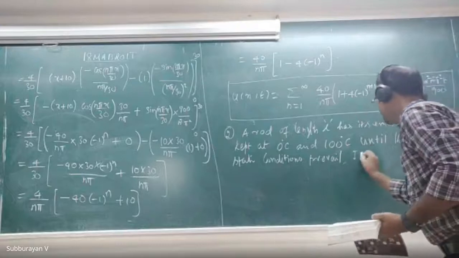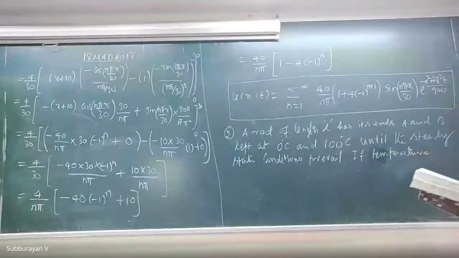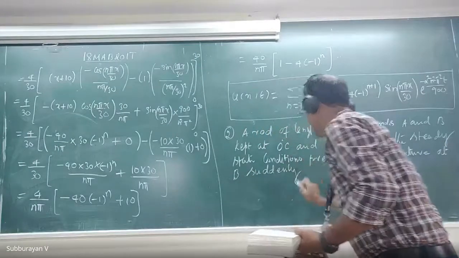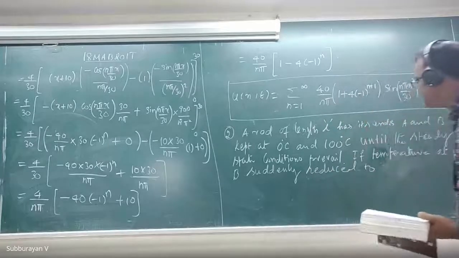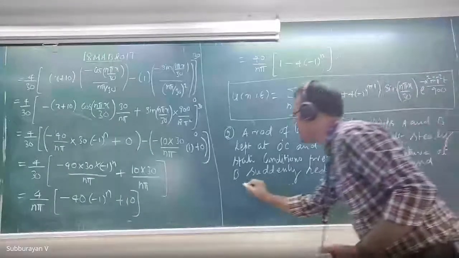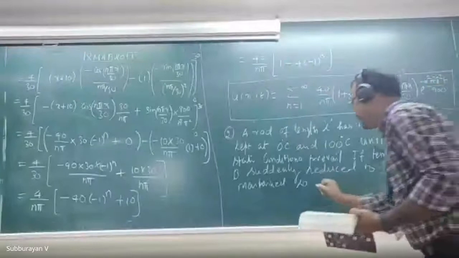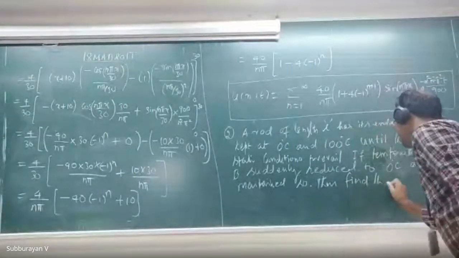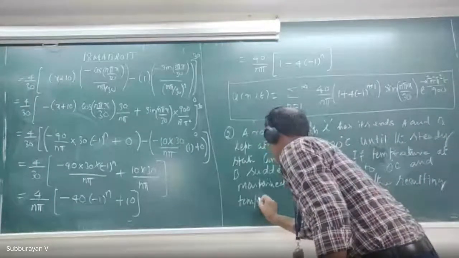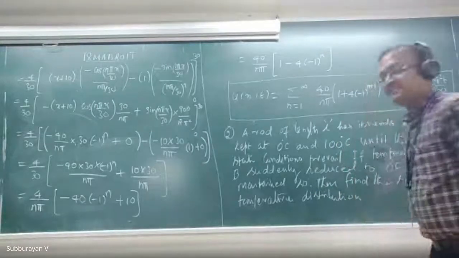If the temperature at B is suddenly reduced to 0 degrees Celsius and maintained so, then find the resulting temperature distribution along the rod.